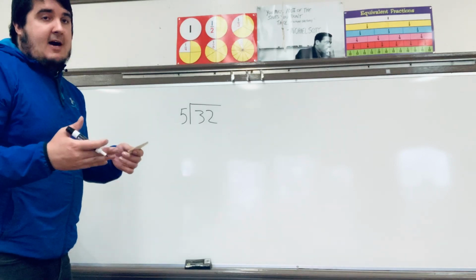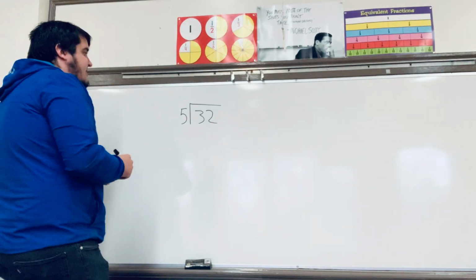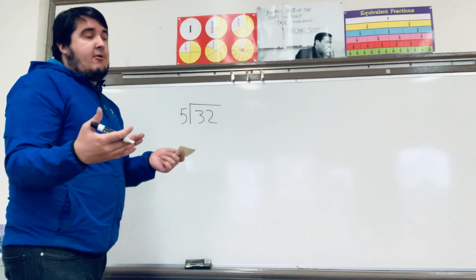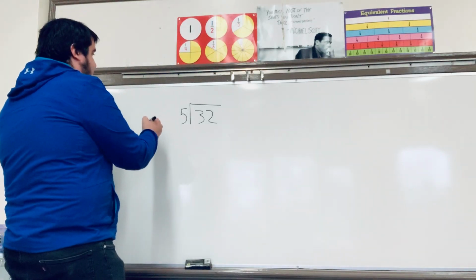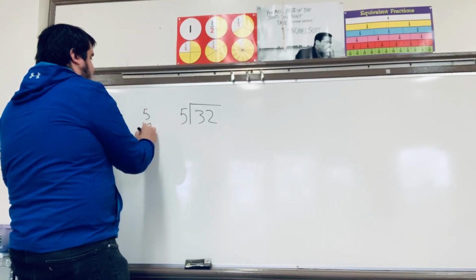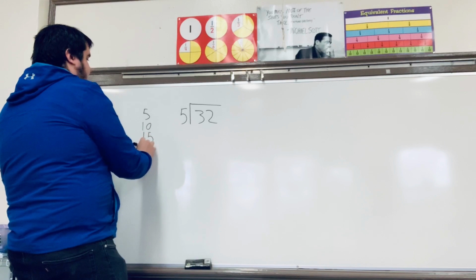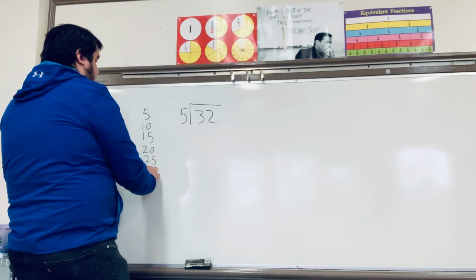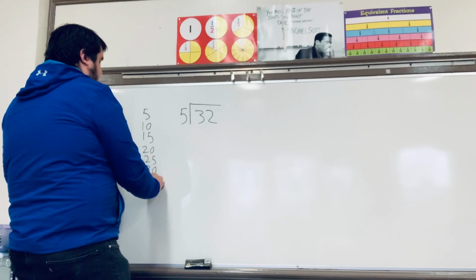Skip counting by 5s is usually one of the easiest ones, right? Because it's always either going to end in a 5 or it's going to end in a 0. So it's usually one of the easier ones to skip count. So we're going to go 5, 10, 15, 20, 25, 30, 35, right?